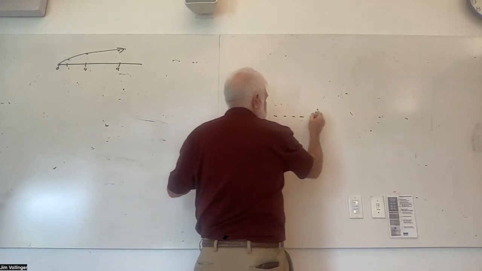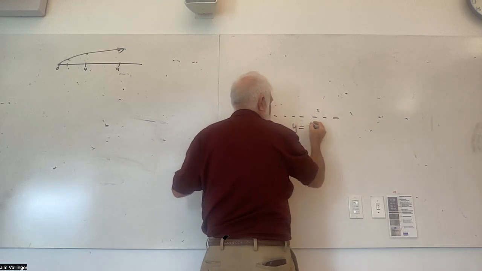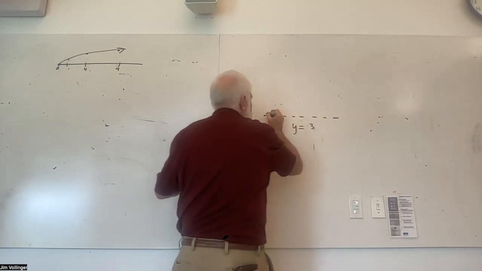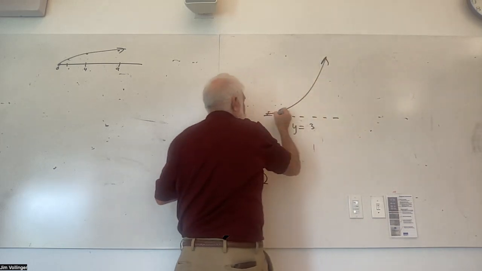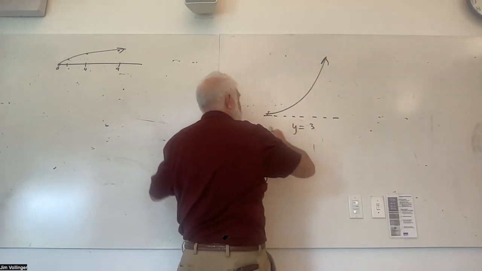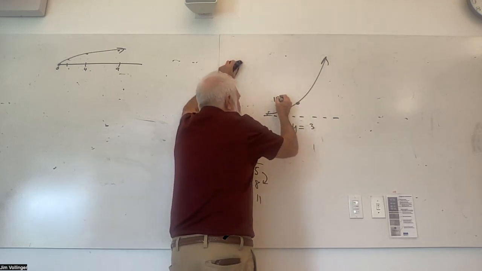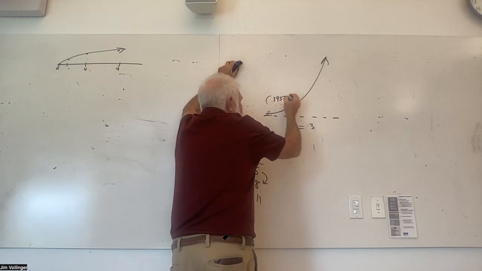Let's try this one. Let's let y equal 3. And now I'll just do some random numbers. Again, growth if we look left to right, decay if we look right to left, but let's go here. Let's say in 1957, there were 20 of something.